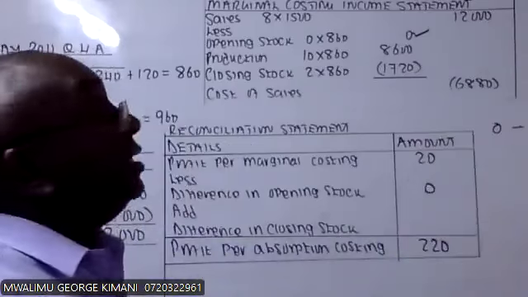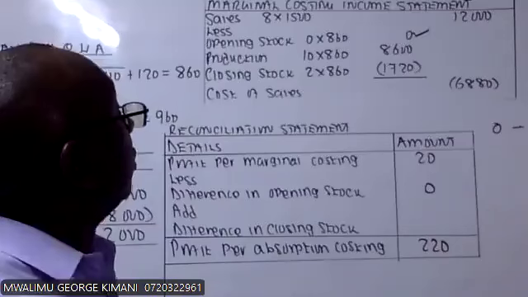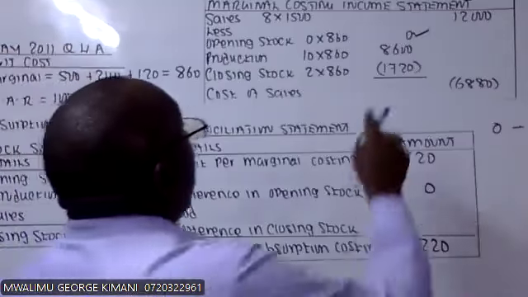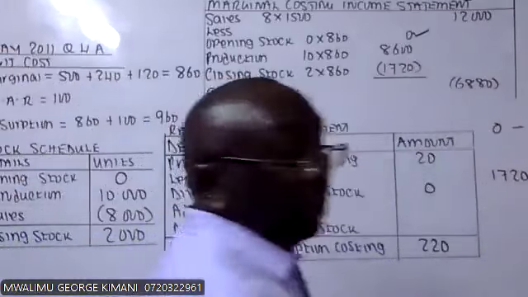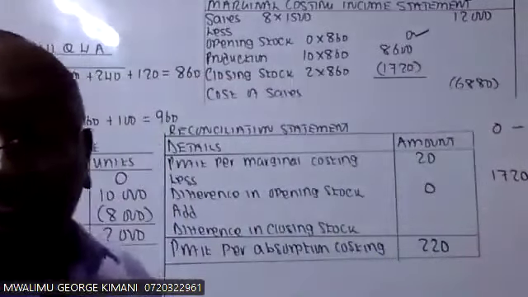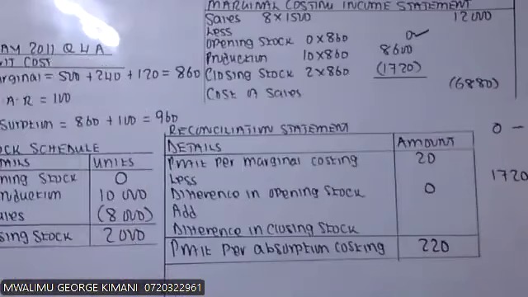Then you look at the difference in the closing stocks. In marginal, we have 1720. Remind me what we had in absorption.